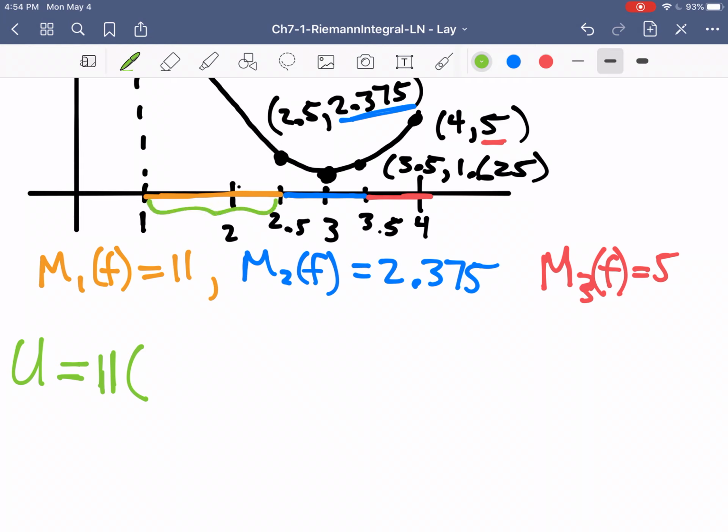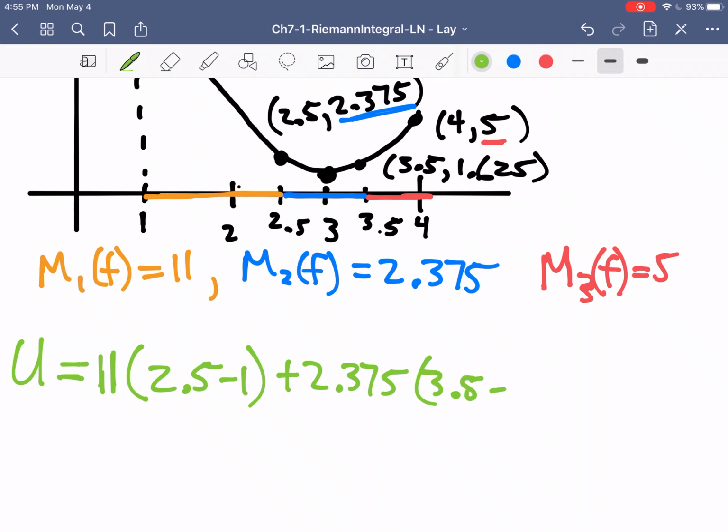And so that first subinterval is 2.5 minus 1, plus 2.375 times the width of that subinterval, which is 1, 3.5 minus 2.5, plus 5, this value, times the width of that final subinterval.